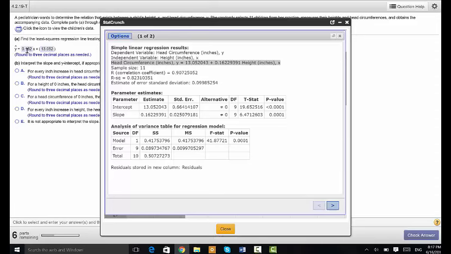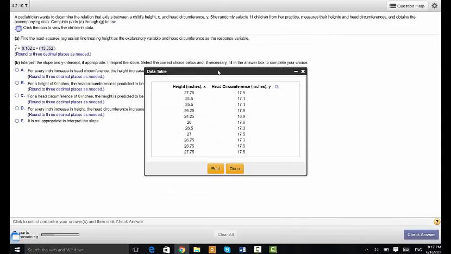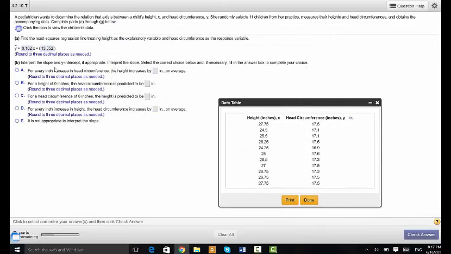Then make sure you understand the meaning of the slope and the meaning of the y-intercept. That's the following two questions, asking you to interpret the slope and the y-intercept. So the slope means every unit change of x will make 0.162 of y change. Here, x represents the height and y represents the head circumferences.